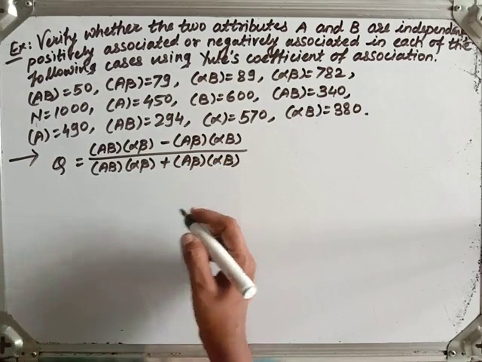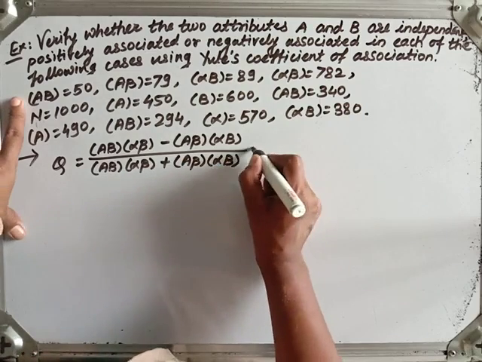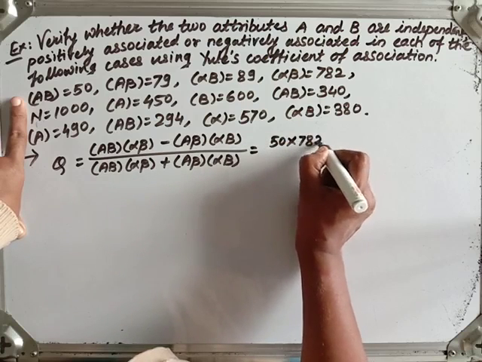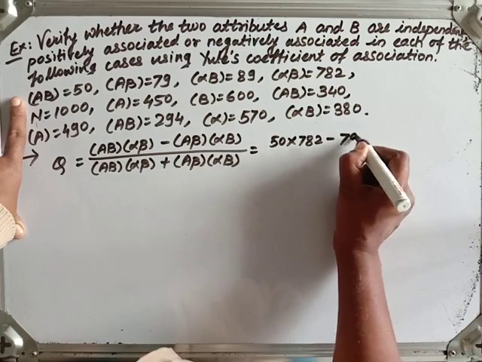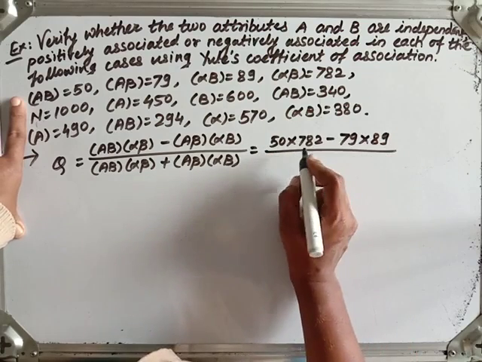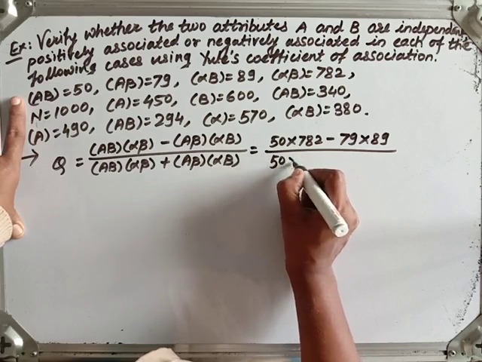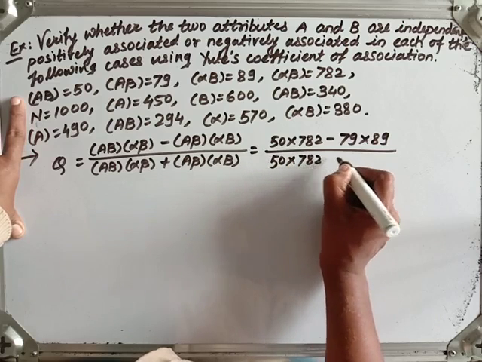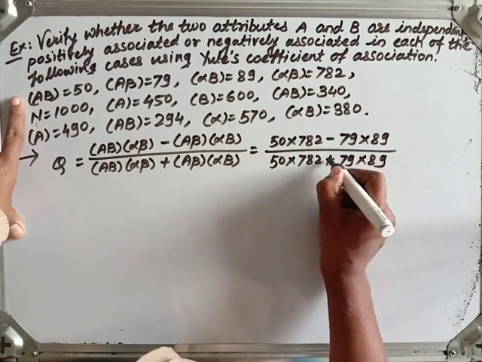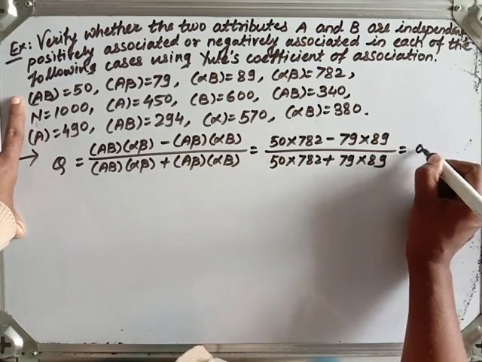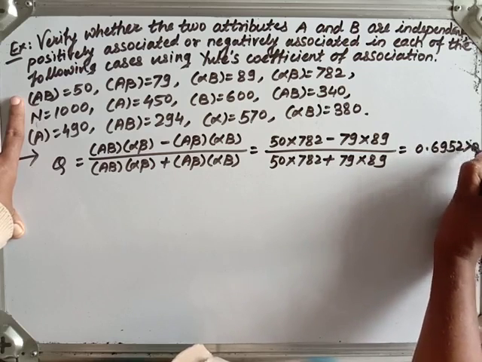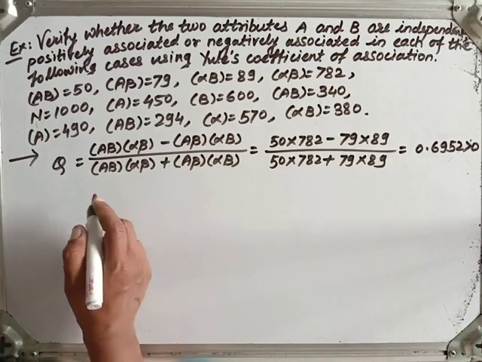Now for the first one, put the values here. We get 50 into 782 minus 79 into 89, upon 50 into 782 plus 79 into 89. By simplifying it, we get 0.6952, which is positive. It is strictly greater than 0.